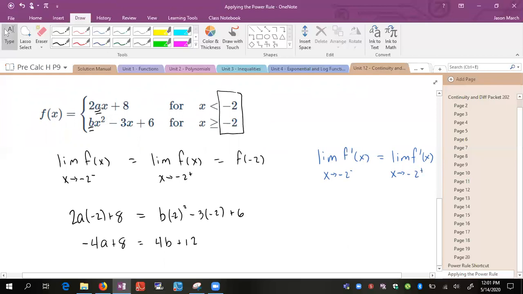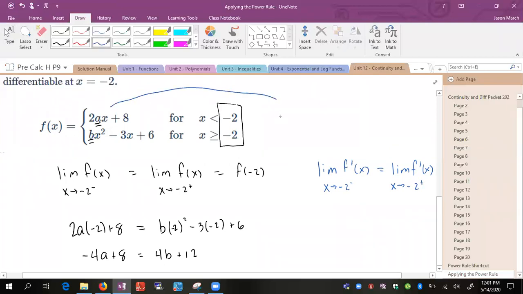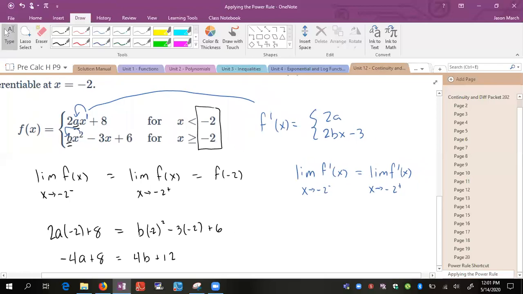And so if I do the derivative here, f prime, I use the power rule, right? The exponent's of 1 here. So if I take that exponent and multiply it with the coefficient, the top piece has a derivative of just 2a plus 0. The bottom piece, when I apply the power rule here, has a derivative of 2bx minus 3. And again, this is still for the same inequality: x is less than -2 for this one, and x is greater than or equal to -2 for this one.